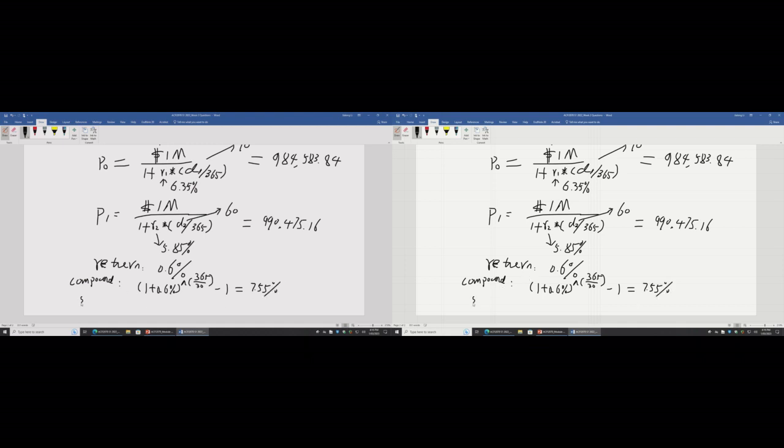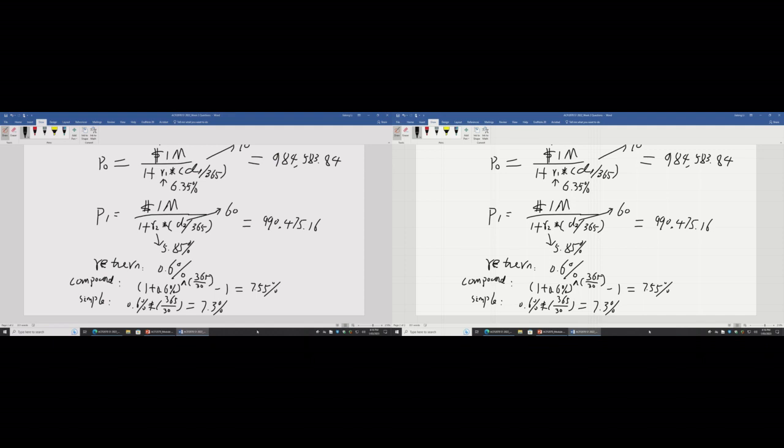Or you can also use the simple interest rate, and that will be 0.6% multiplied by 365 divided by 30. And that will be 7.3%.